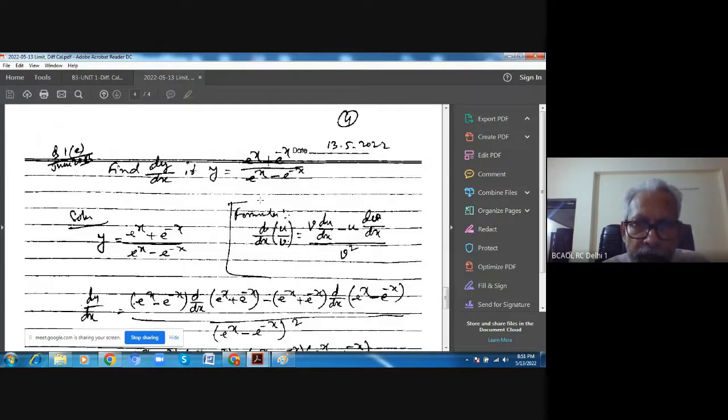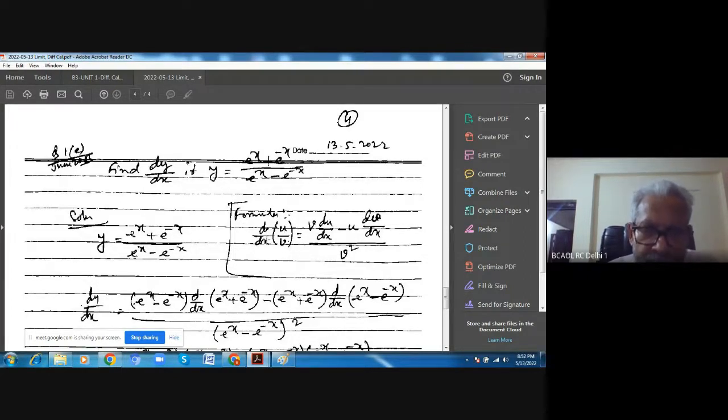Here there are two parts, the numerator and the denominator, for example x and x plus 2.